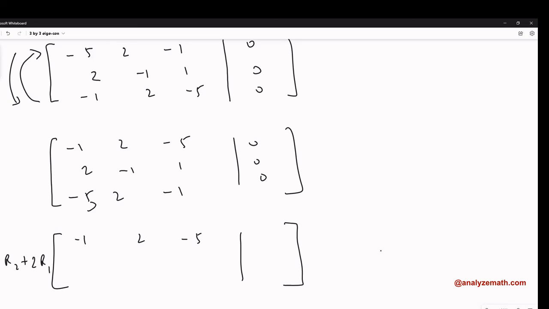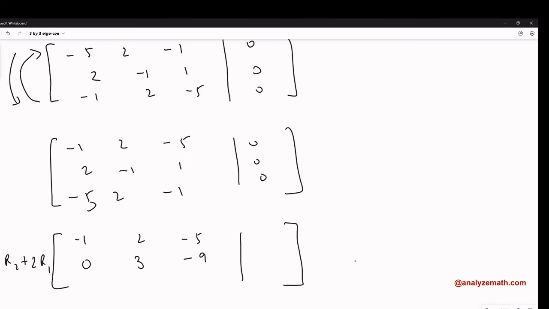R2 becomes R2 plus 2R1. That will give me 0, 3, and then negative 9. Okay, so 2 plus 2 times minus 1, 0. Minus 1 plus 2 times 2, 4, that gives me 3. And then 1 plus 2 times minus 5, minus 9.